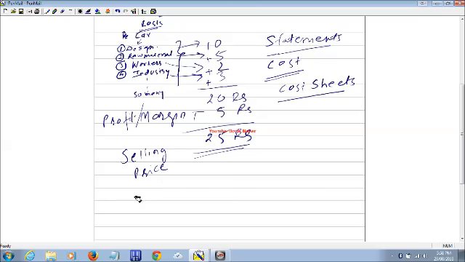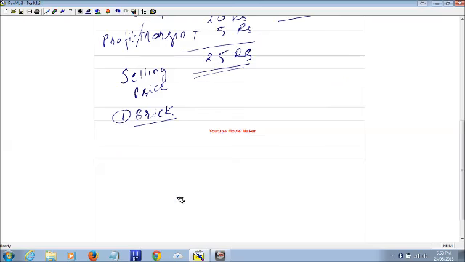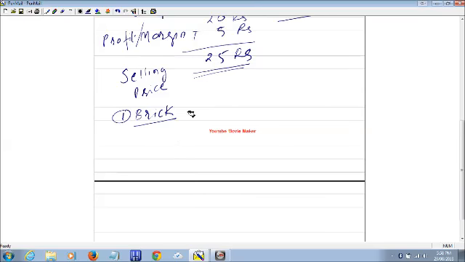I'll give you different kinds of examples where cost sheets are required. For example, you may have a brick industry, where the unit is measured in bricks. It is nothing but an output costing.